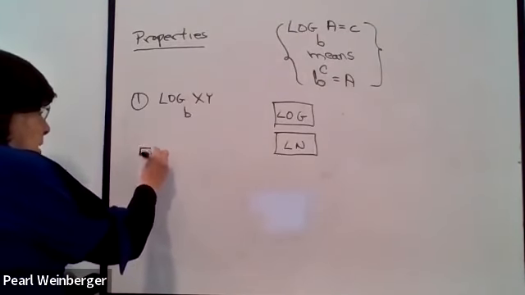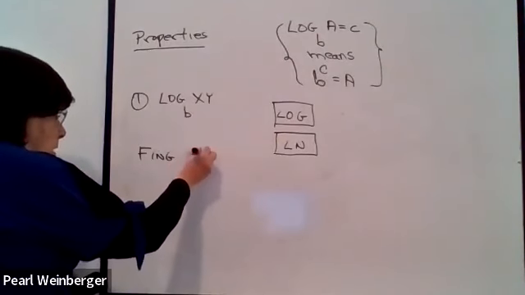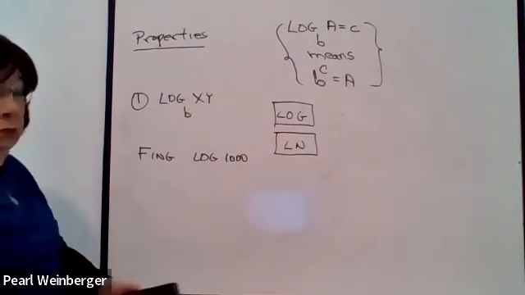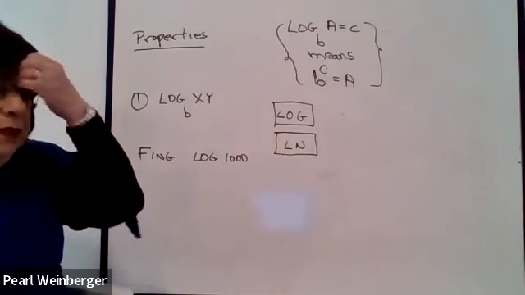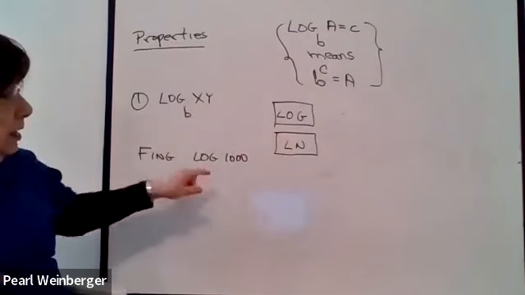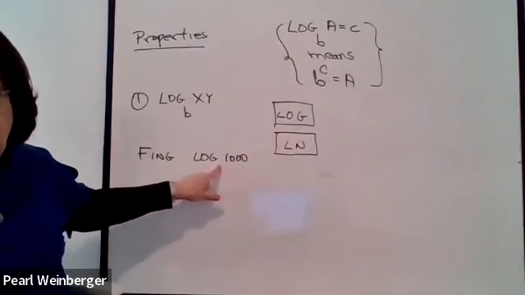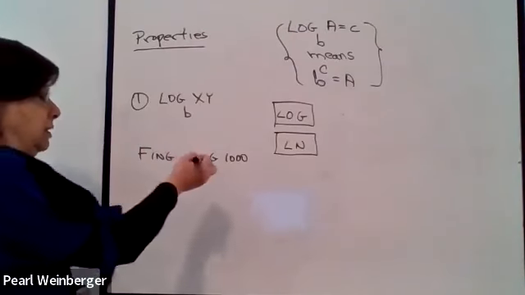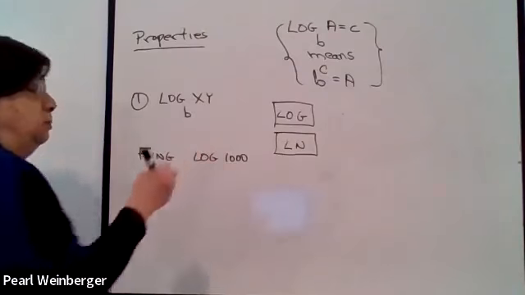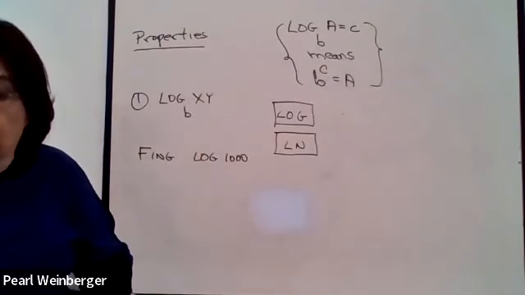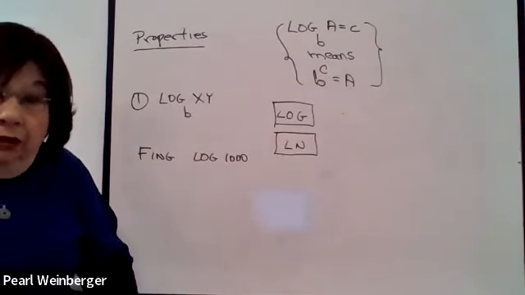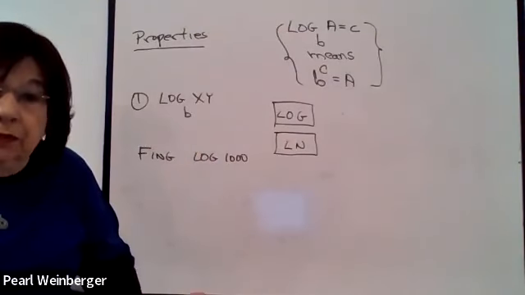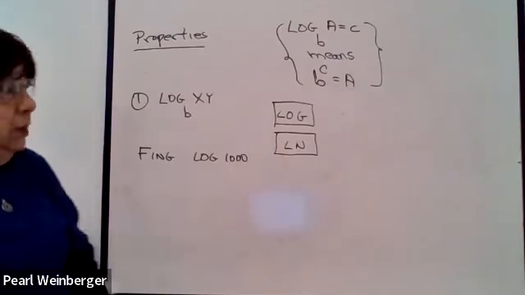Find log 1,000. And it wouldn't be that I'm making a mistake. I didn't leave out the base. When the base is not written in, it's understood that the base really is 10. There's an invisible 10 written next to the word log. Anytime the word log is written and there's no subscript, the base is understood to be 10.